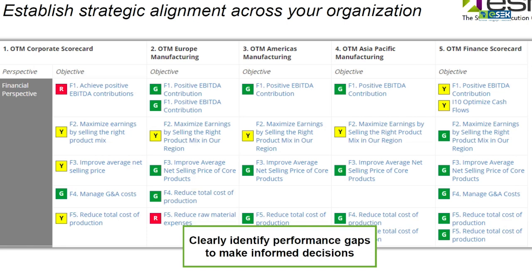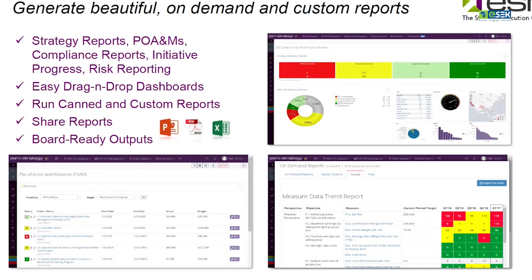I like to say this is the 30,000-foot view. This gives an executive leadership team insight into the overall corporate, and then you can see the different support areas, business areas, and how they are performing and how they are, most importantly, aligned to the strategy. So we're creating visual alignment at the objective, measure, and initiative level, because this is what drives informed decision making. And that's ultimately what we're trying to do.